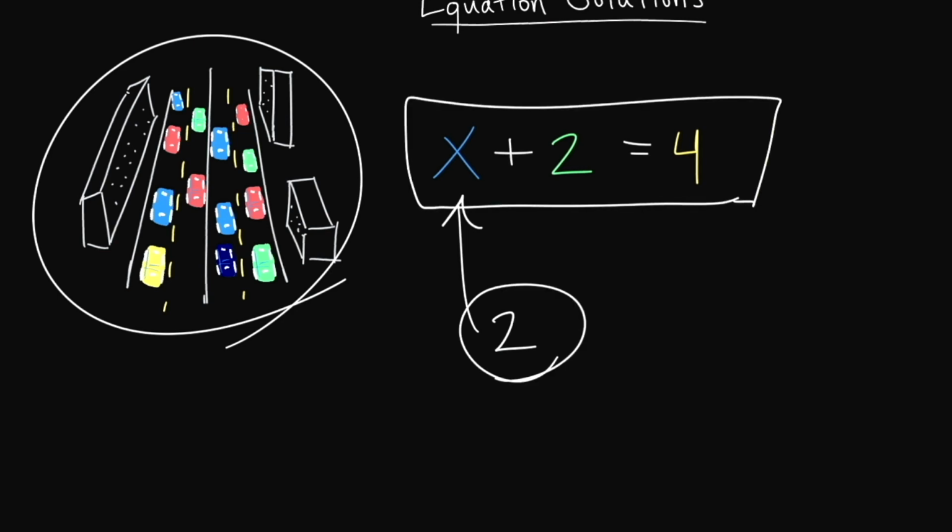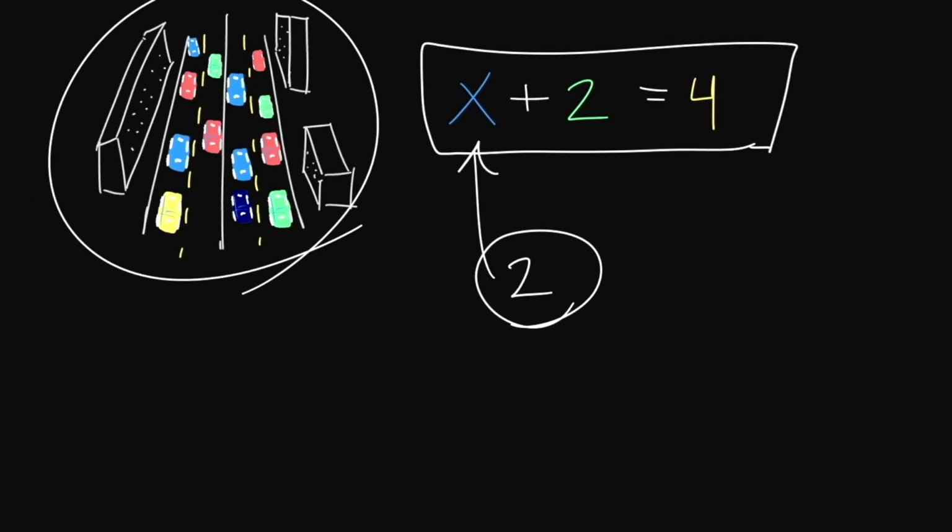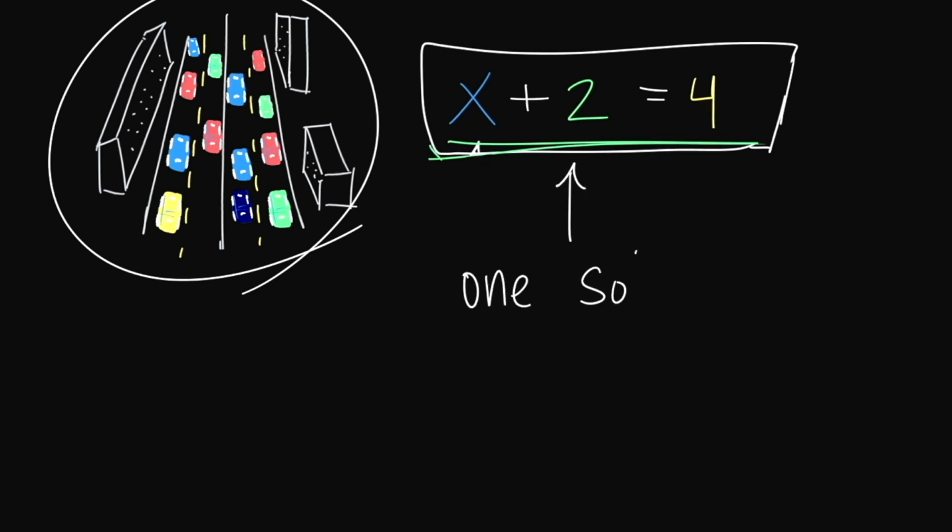And what we mean by solution is, what is the x that is going to allow our equation to be correct? And in our case, there's only one, and that's 2, because 2 plus 2 equals 4. And so that means that in our case, this equation has one solution.